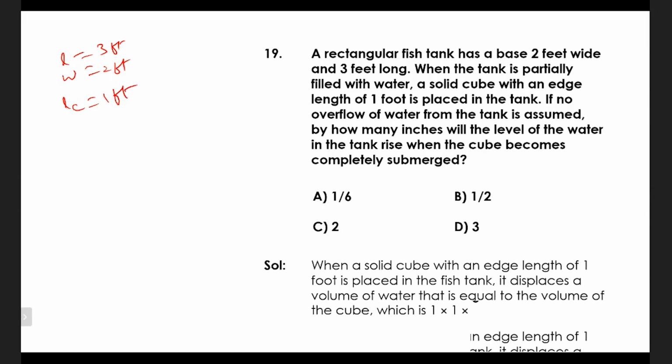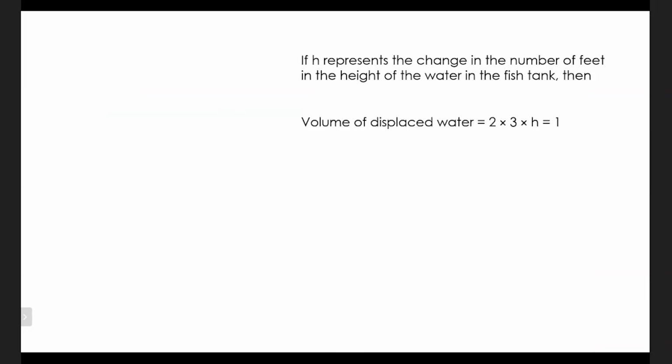Now look at this. The cube has an edge of 1 unit length, so the volume of water displaced is 1 cubic foot. He is asking how many inches the level of water in the tank will rise when the cube is completely submerged.